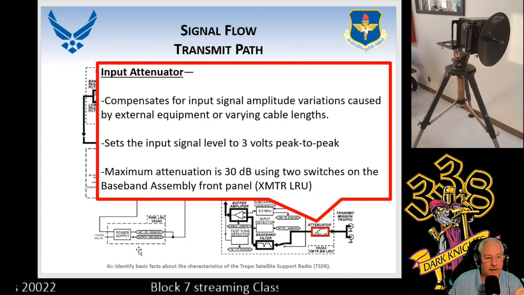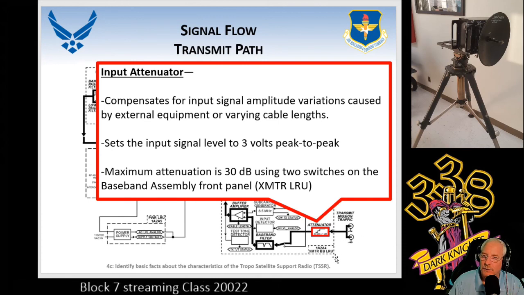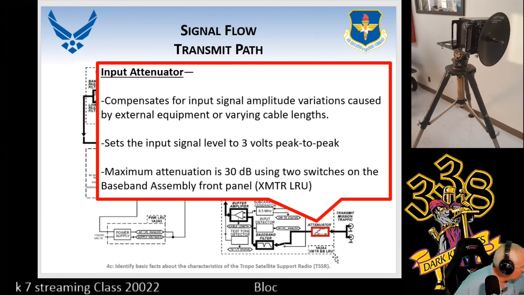You can see down at the bottom of your transmit signal flow, this is the back of your baseband assembly. Now I think this particular one says transmit baseband. That's the one you're going to look at. I think it's page 4. Hang on just a second.